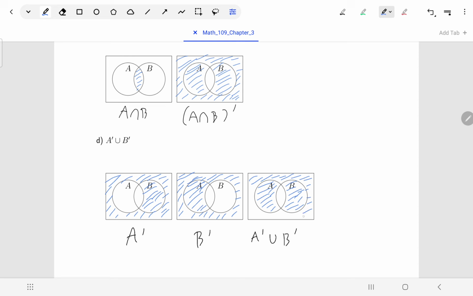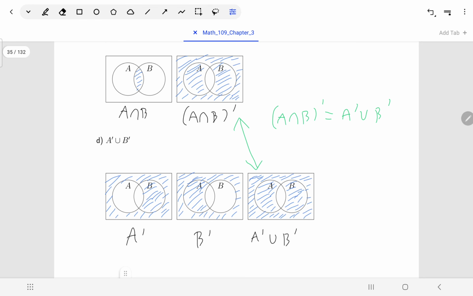The only thing that we won't be shading in will be the very middle, and that's because the very middle wasn't shaded in for anybody. So we've shaded in the very outside, only A, only B. And again, we might notice these last Venn diagrams are identical, so we could come up with another little conclusion that A intersect B complement is equal to A complement union B complement.